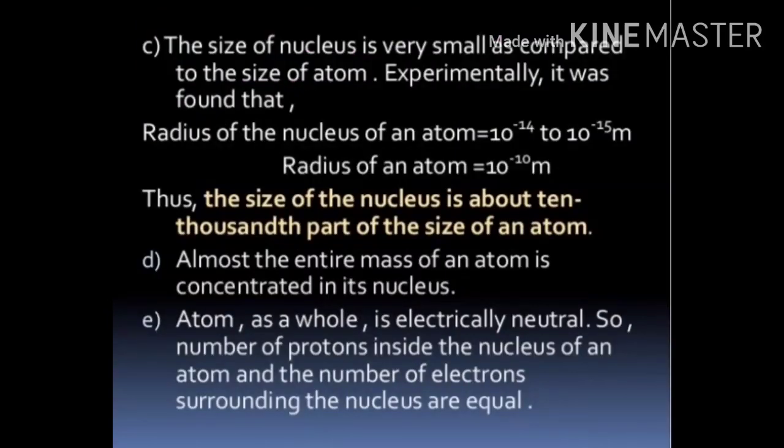That positively charged part is named the nucleus. The size of the nucleus is very small as compared to the size of the atom. Next, almost the entire mass of the atom is concentrated in this small part termed the nucleus, because a very few radiations deflect back from their path.